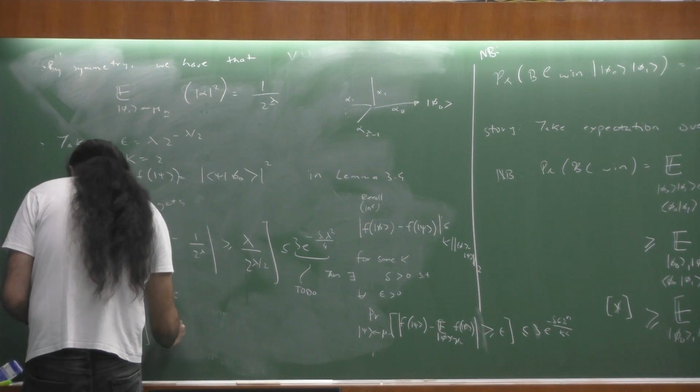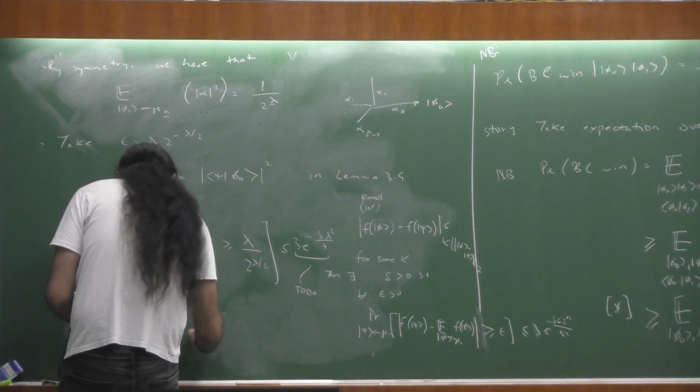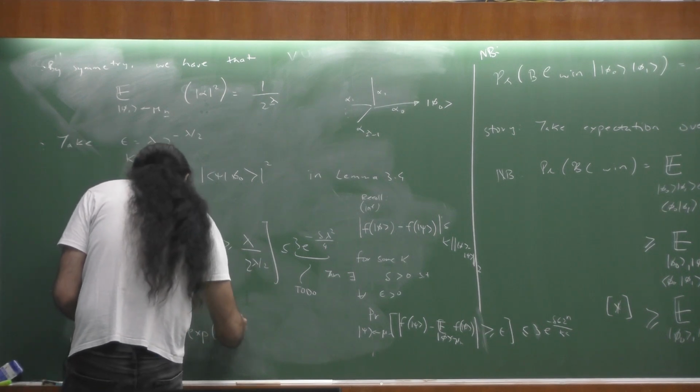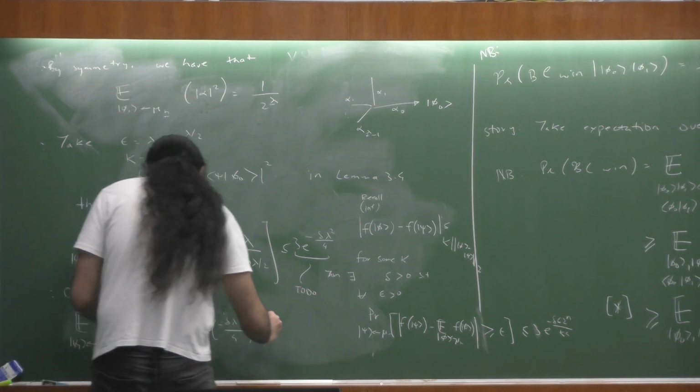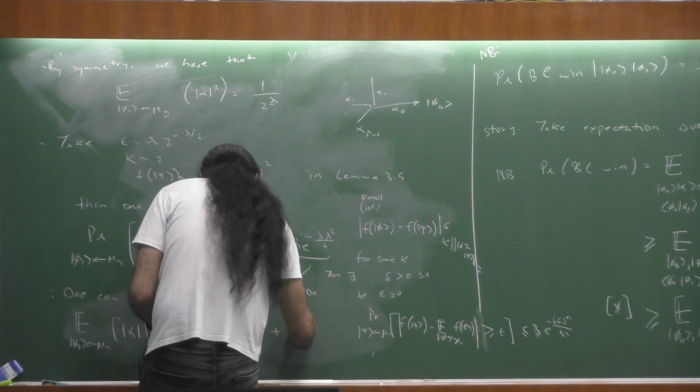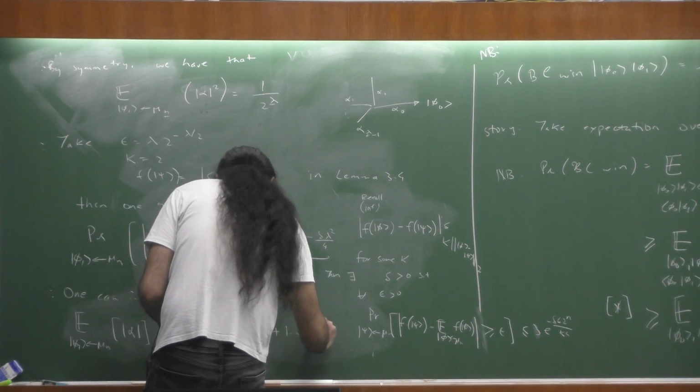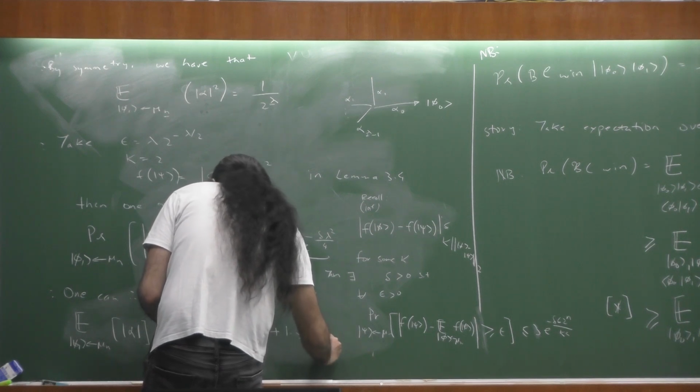So this expectation is going to be at most 3 to the exponential minus delta lambda square by 4 times 1 plus 1 times lambda by 1, 2 to the lambda by 4.